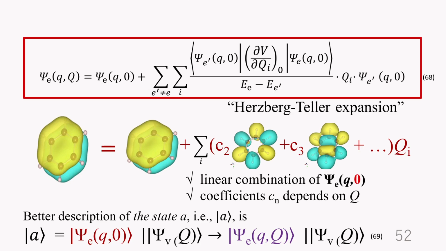The additional term consists of the coefficient, vibration coordinate, and other wave functions at a static condition. So, the electronic wave function during the vibration is expressed as the original one plus some additional wave functions.